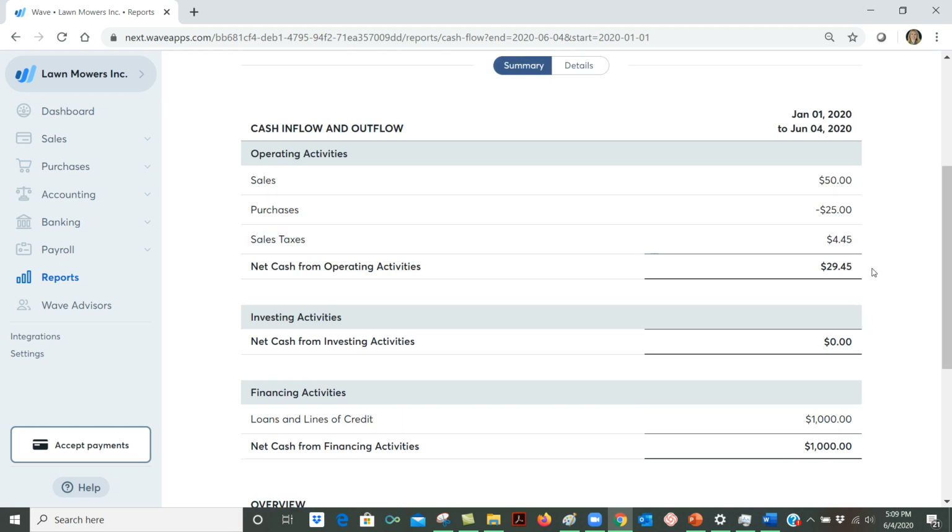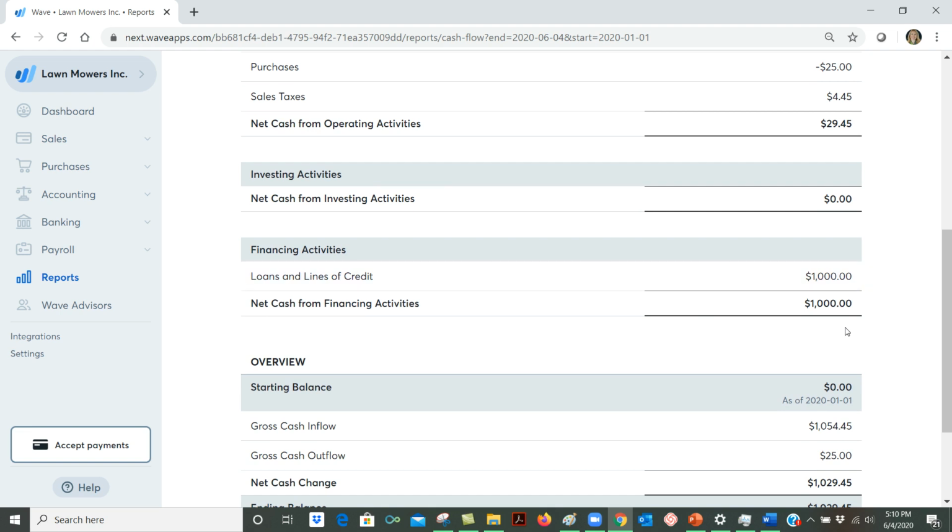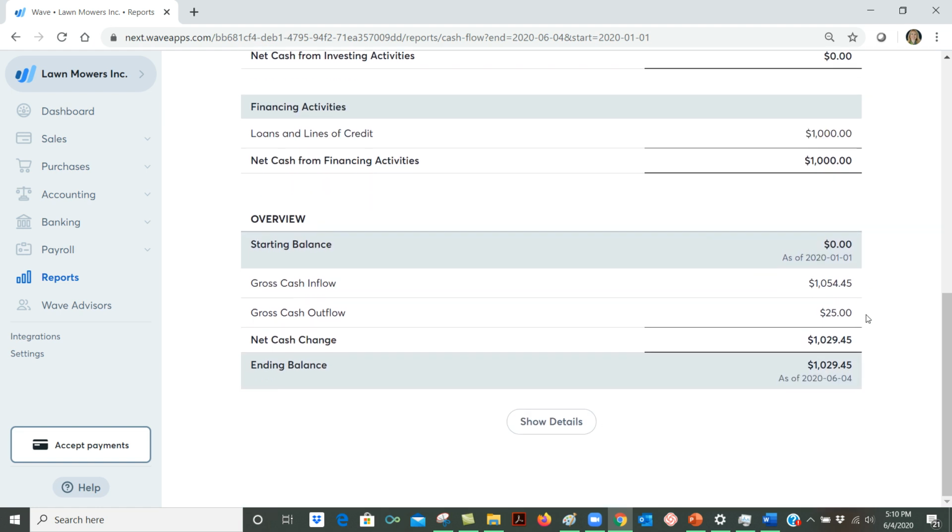So this cash was generated by running our business, by earning revenue. And of course, our expenses reduce the amount of net cash from operating activities. We also have this net cash that was generated from our financing activities from borrowing money from the bank.